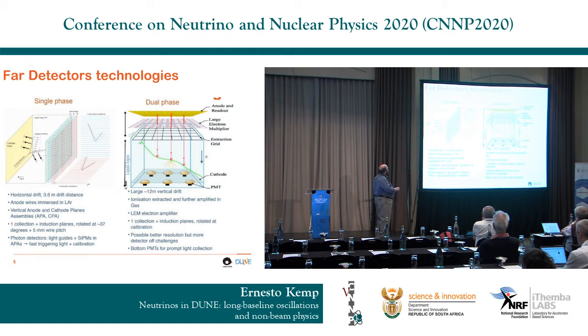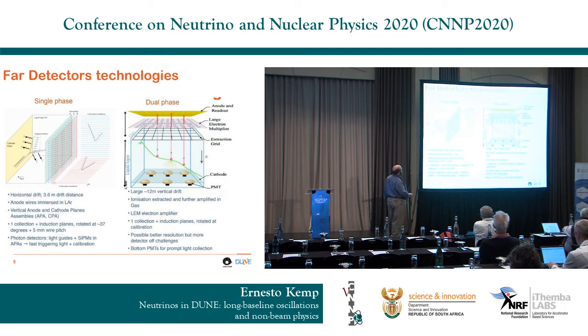So this is a very challenging technology that is already proven by some previous detectors, just like Icarus and the ProtoDUNE that has been working since 2 years ago, more or less, at CERN. And also we have an alternative technology for the next modules of DUNE, that is the dual-phase liquid argon time projection chamber that is pretty much similar to what was described by Elena in her talk for the xenon dark matter experiment.